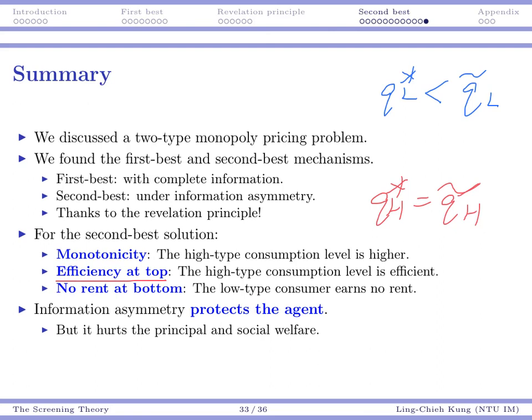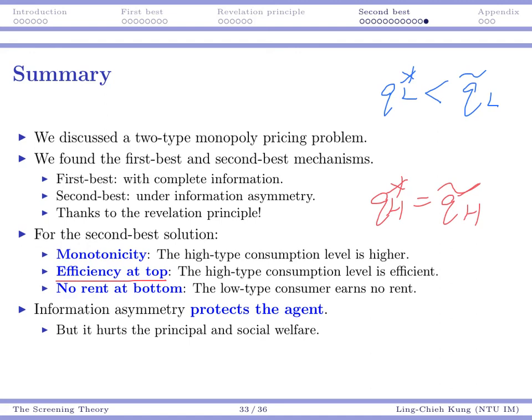So sometimes this is good, but sometimes it is bad from the society's perspective. For example, if the principal is an employer and the agents are employees, we hope that the employees can still get some positive utilities in general, right? So in that case, we prefer to have this information asymmetry.